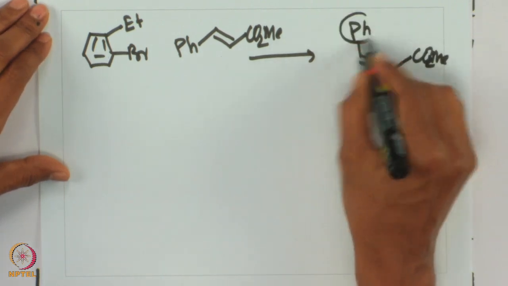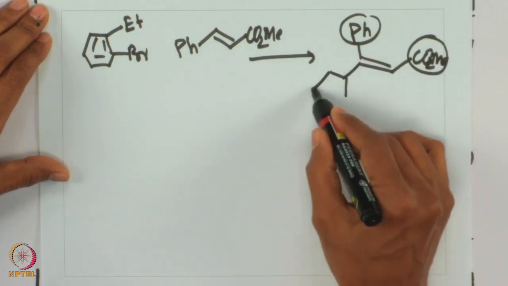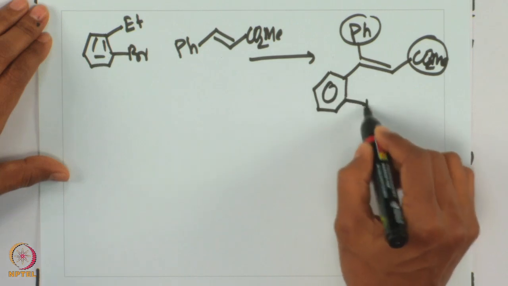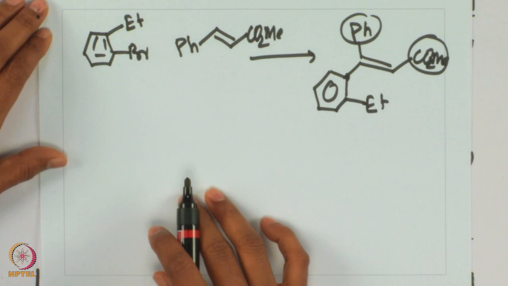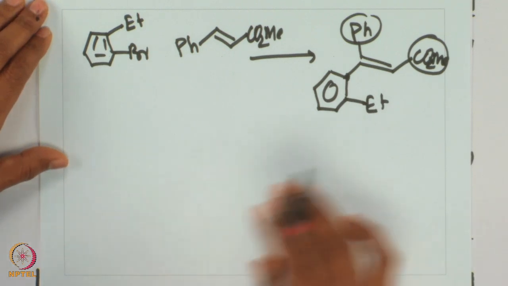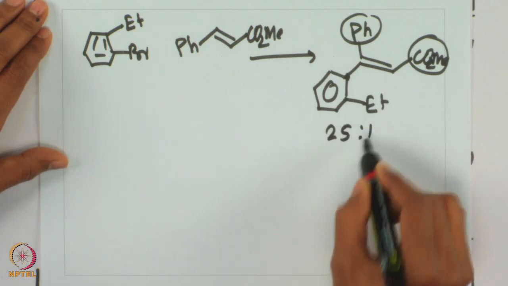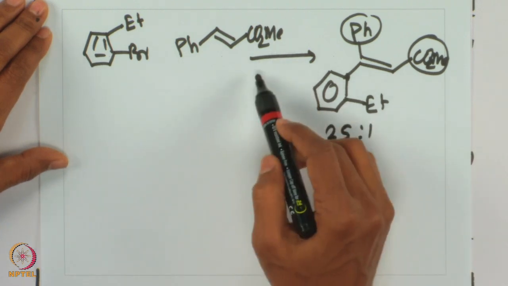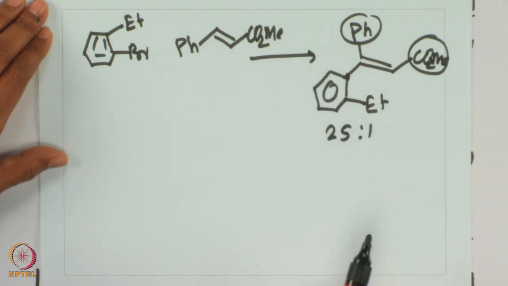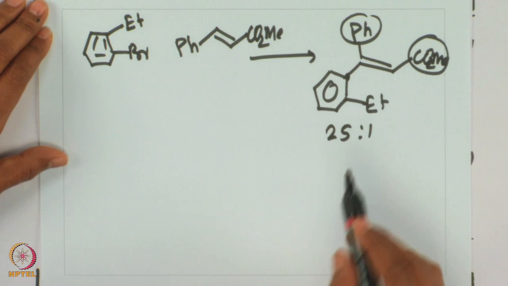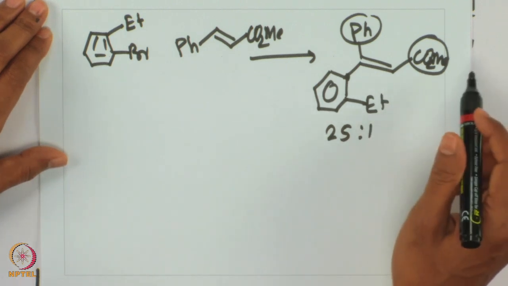The phenyl and CO2Me should be on the same side, and the incoming aryl group can be on the other side. The substituent at this ortho position is not hampering the selectivity too much. So, this is giving a selectivity of 25:1 if we are using palladium acetate, tetrabutylammonium chloride and dicyclohexylmethylamine as a base. Now, this is of course reported by Buchwald in 1999.